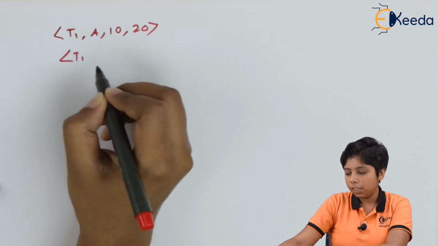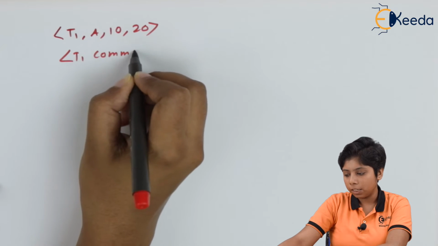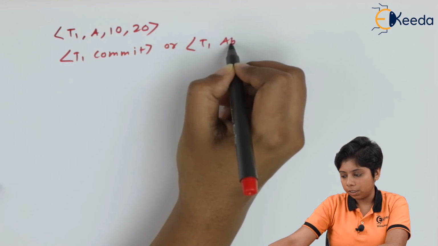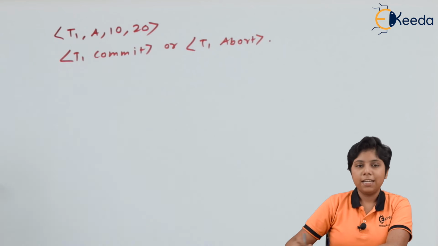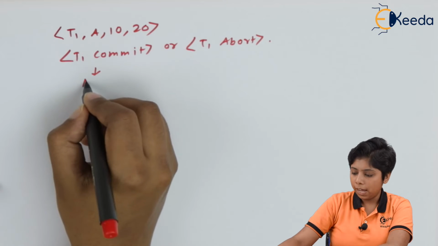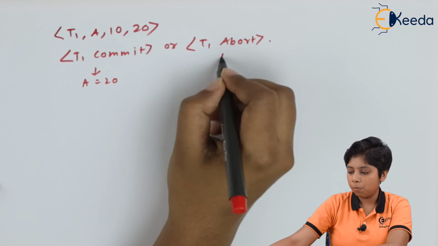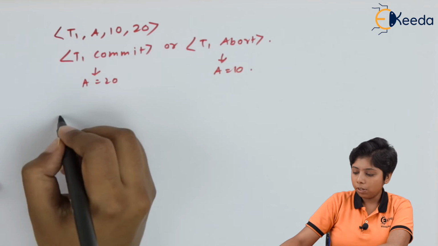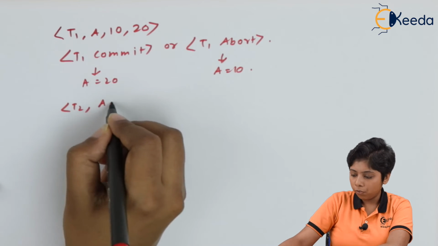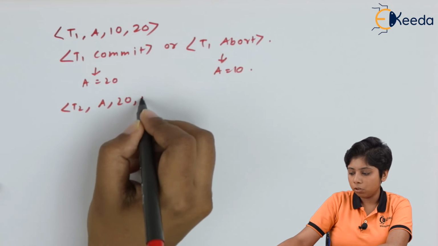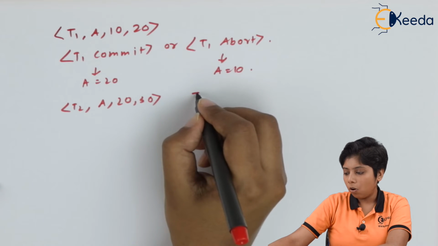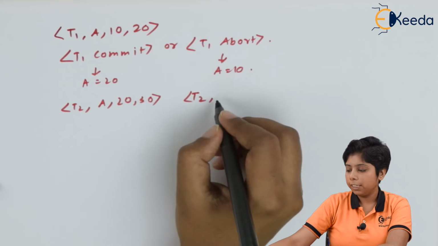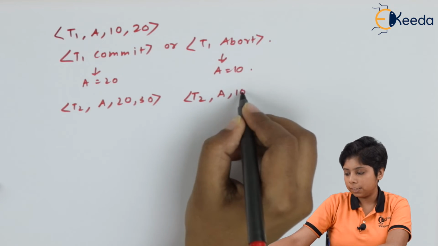Now T1 either needs to commit its transaction or abort it. If T1 commits, then A has 20, and if it aborts, then by rollbacking A has 10. Now if T2 goes with the value of A after the commit, it can go with 20, or after the abort it can go with 10.